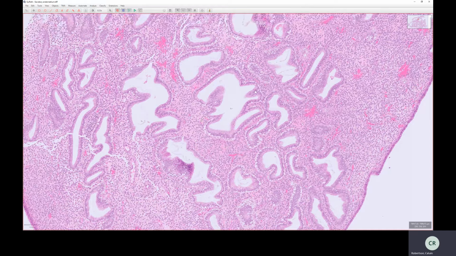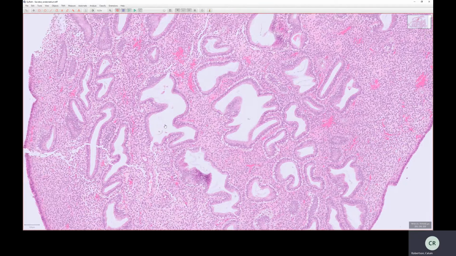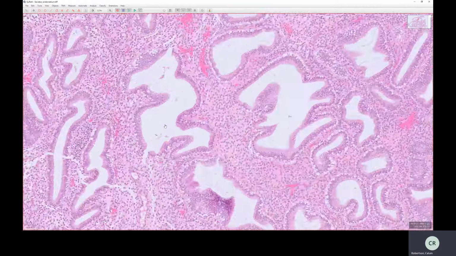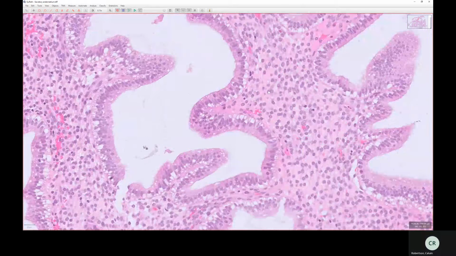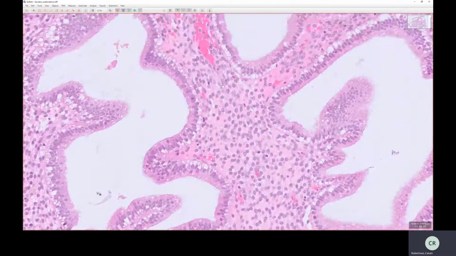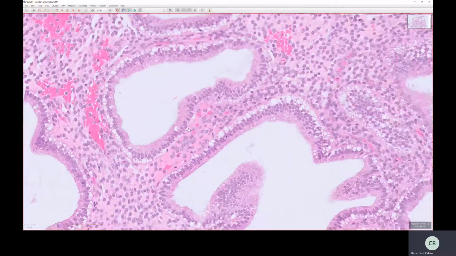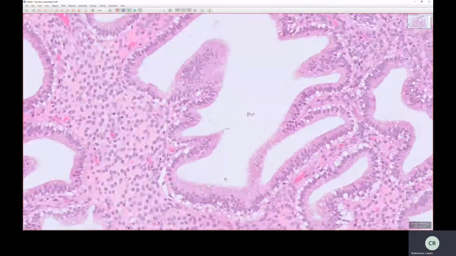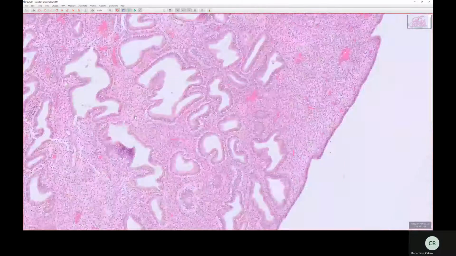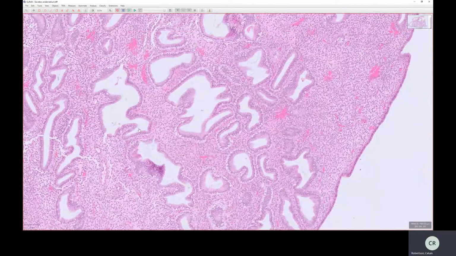These glands are dilated and wiggly looking and irregular. And also, there aren't the mitotic figures. If we look closely, you can't see any mitotic figures, as you would expect to see in the proliferative phase. So we've got irregular, tortuous glands with secretions in the lumen, no mitotic figures.